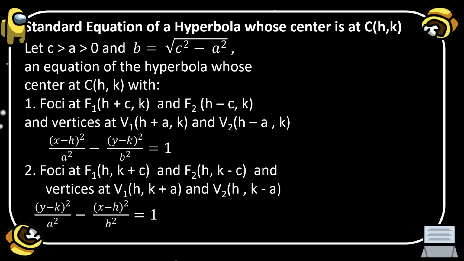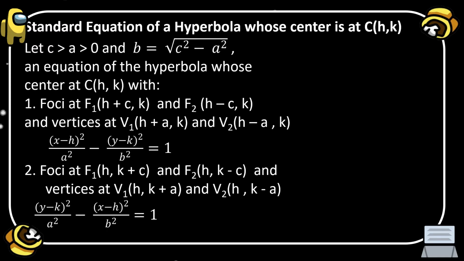So, vertex 1, H, K plus A, and vertex 2, H, K minus A. So, sa foci o sa vertex, same ang iyang value ni H, while si K, mo change siya, giplasan sa C sa foci, while sa vertex, giplasan og A.